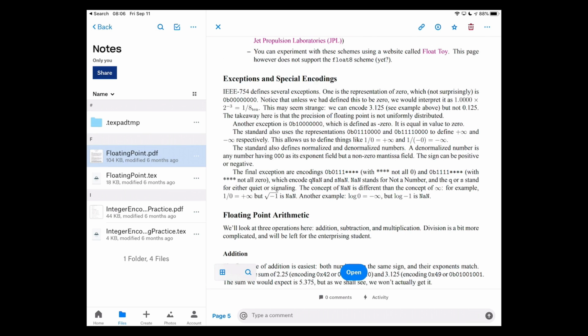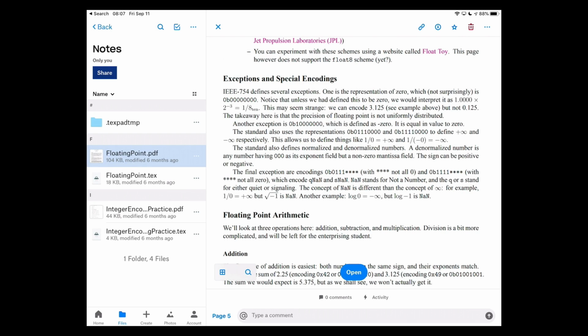If we interpreted that in the usual way, then that would be 1.0000 times 2 to the something. Well, if the exponent field's all zeros, it looks like 0, but what does it count as?